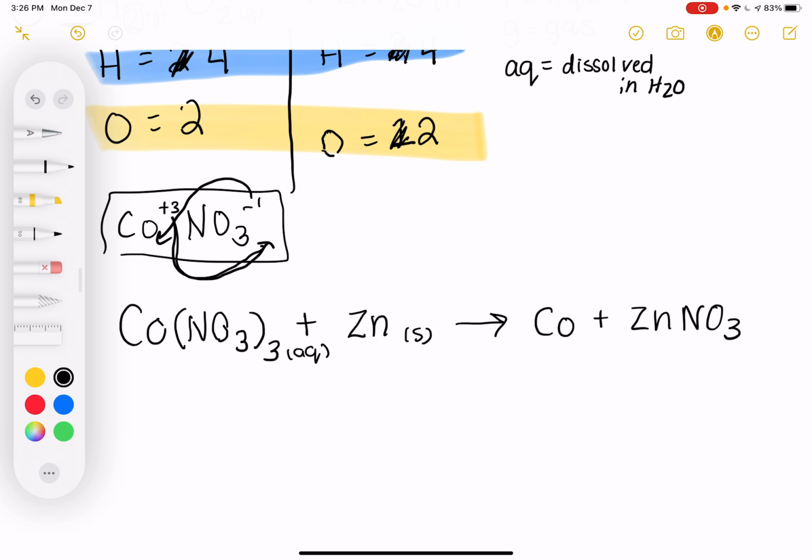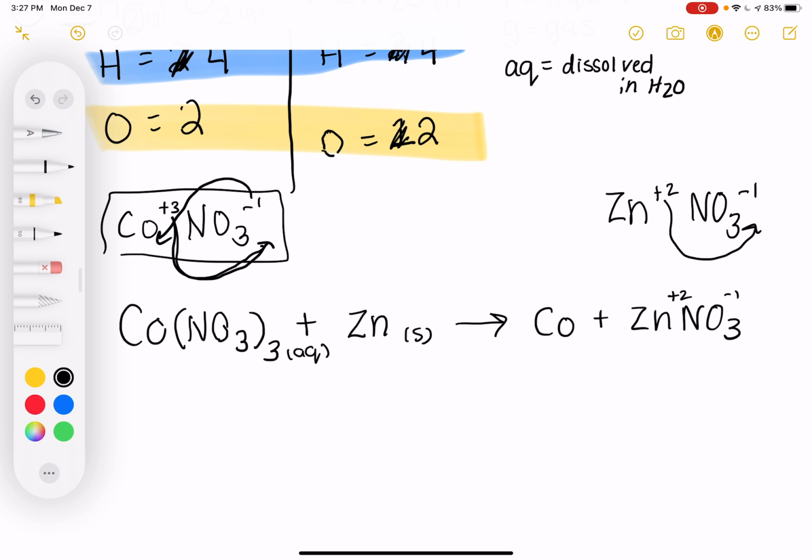Zn is on the periodic table, and it has a +2 charge. If you don't know that, you can look it up. But because that's a +2, this is a -1. It's not balanced. So just like I did over here, I can do this up here, Zn +2 and NO3 -1.